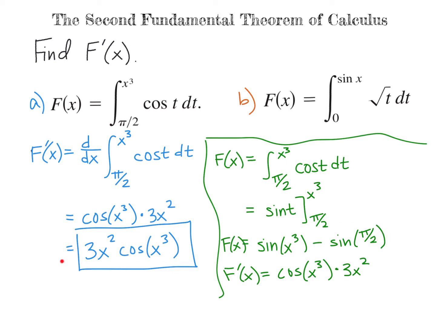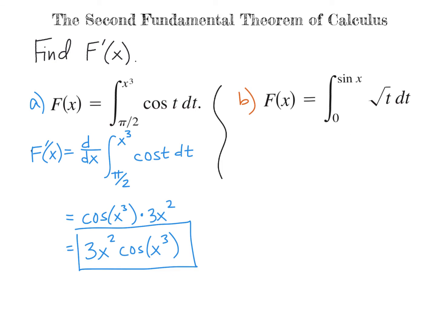So as you can see, we end up getting the same answer here for f prime. This is just sort of a shortcut way of finding the derivative using the second fundamental theorem. And then I sort of proved it in, I think, a more straightforward way using the first fundamental theorem.